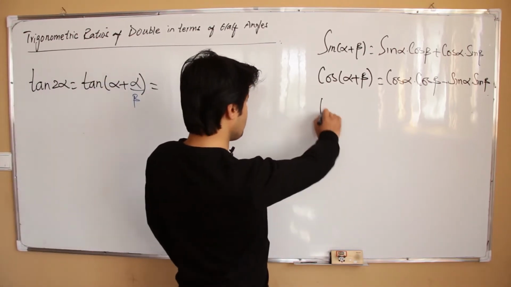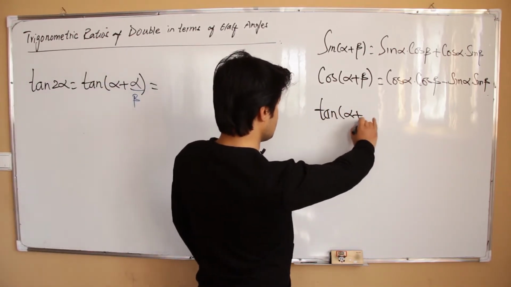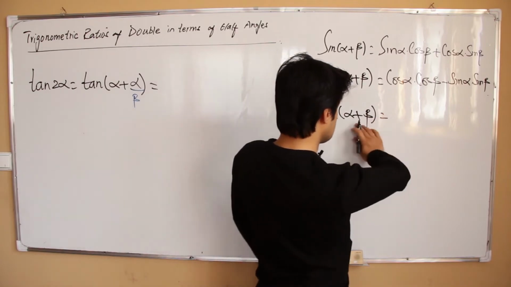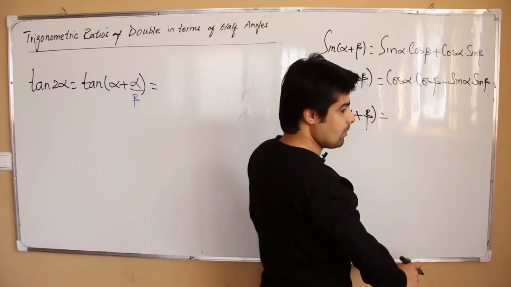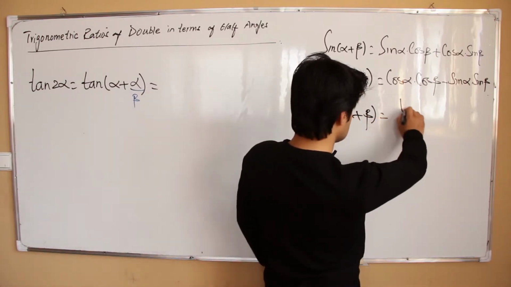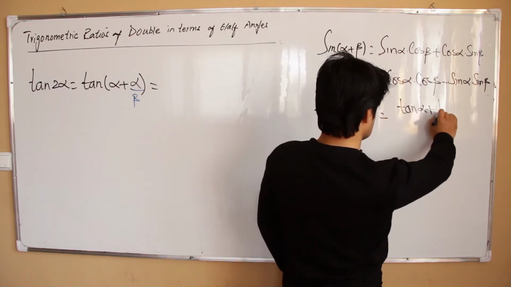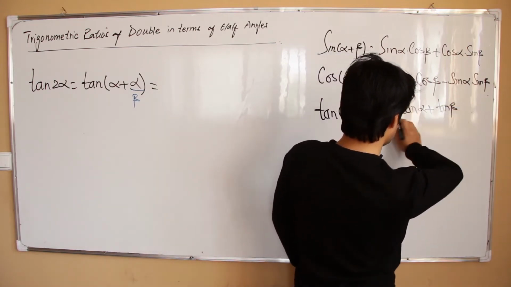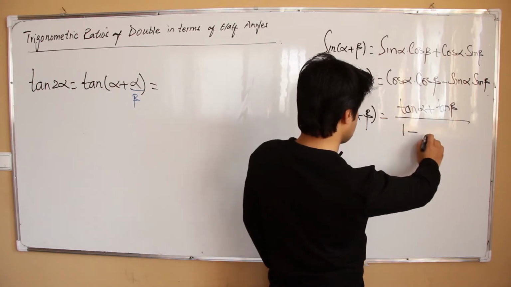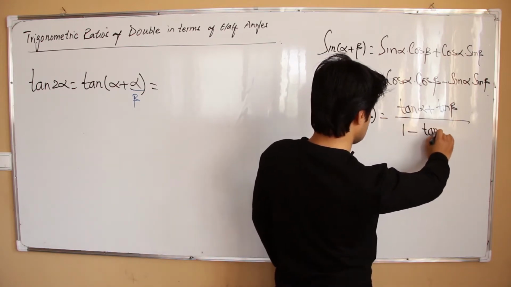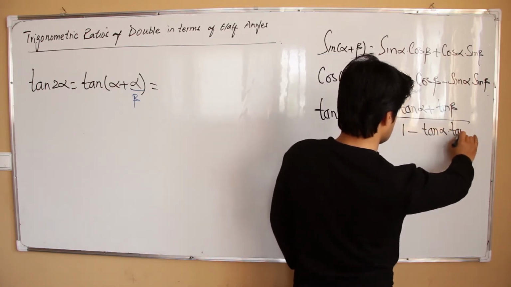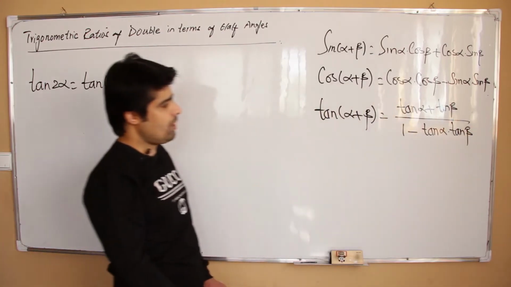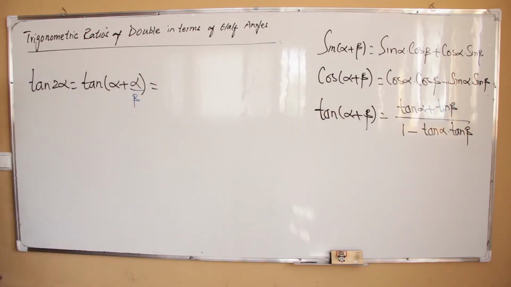Now, the formula for the tangent of alpha plus beta, what's the formula we can use for this one? We use tangent of alpha plus tangent beta, am I right? Divided by 1 minus tangent alpha times tangent beta. I think we have proved this one in 3.1.